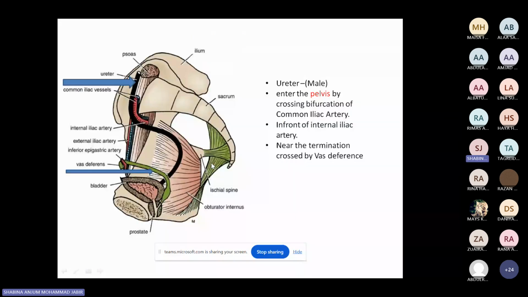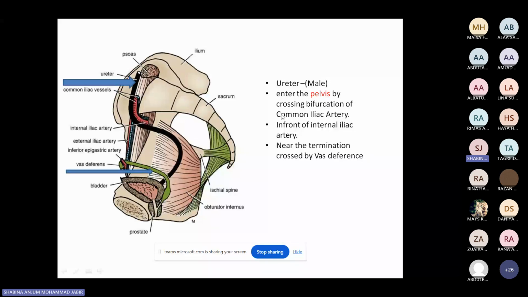So what happens when the ureter enters into the pelvis? Above the pelvis the ureter has the same course for male and female, but in the pelvis, the male ureter goes in a different course than the female. First of all, the male ureter will enter into the pelvis by crossing the bifurcation of the common iliac artery.